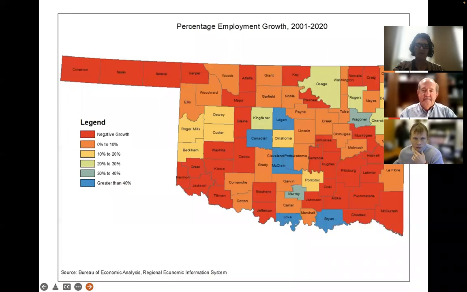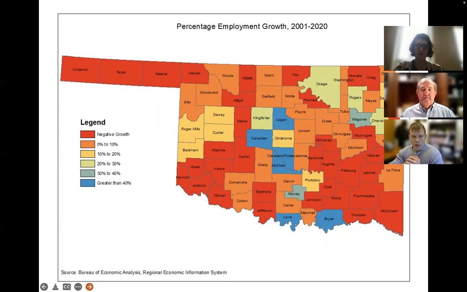And so this shows the percentage employment growth between 2001 and 2020. And the striking thing here is that a lot of our counties had higher employment 20 years ago than they do now. And if you look at the earlier map that we saw, a lot of these counties that have lost employment are the same ones that are losing population. So you can see the negative growth out in most of the panhandle counties, and in a lot of both the southeastern and southwestern counties.